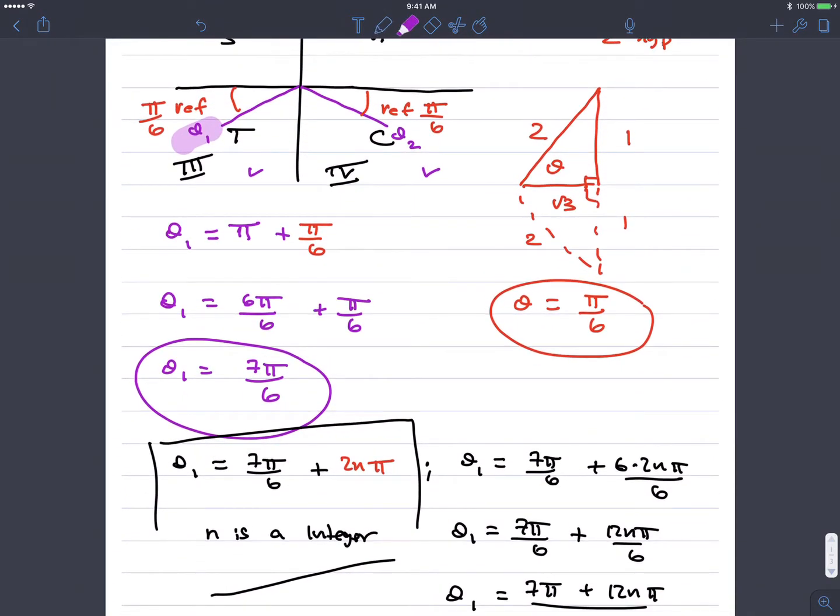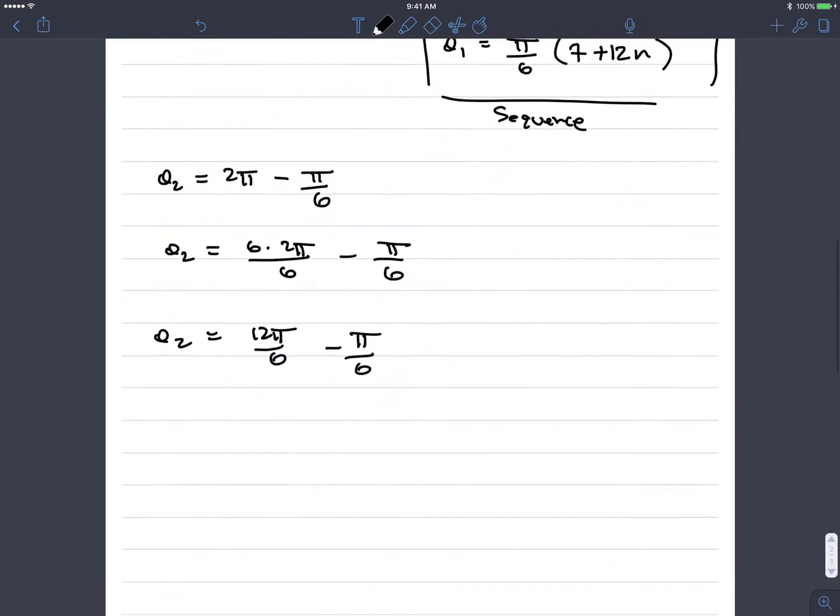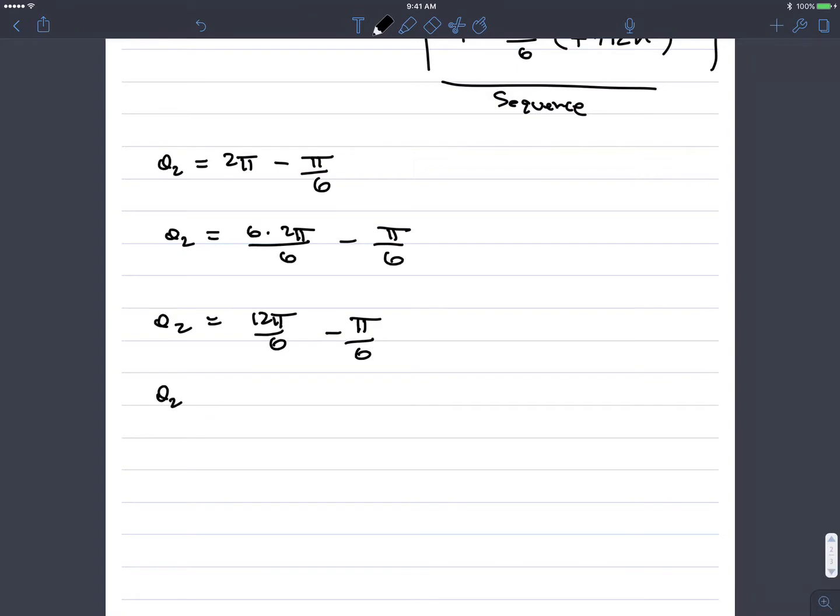We're looking at this angle here. So we have to take 2 pi and subtract the reference, pi over 6. And that's going to give us, if we start doing the arithmetic, okay, remember you're going to multiply the top by 6 and the bottom by 6, and you should get theta 2 to be now, what is this, 12 pi over 6 minus pi over 6, and what do you get for theta 2?